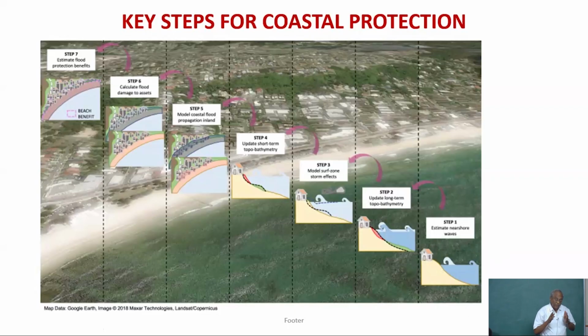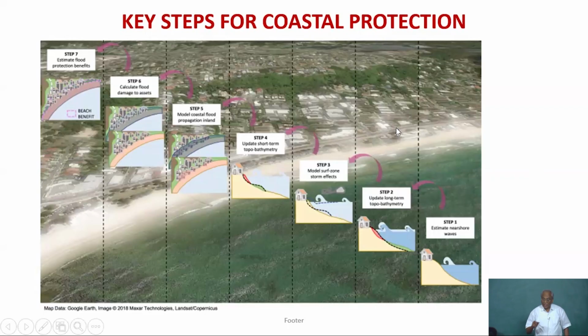The bathymetry also is very important, and what kind of resolution the bathymetry needs to be done, that also has to be assessed, which depends on the problem you are going to face and the area of interest. Then you have to keep updating the bathymetry, and also the topography is important.